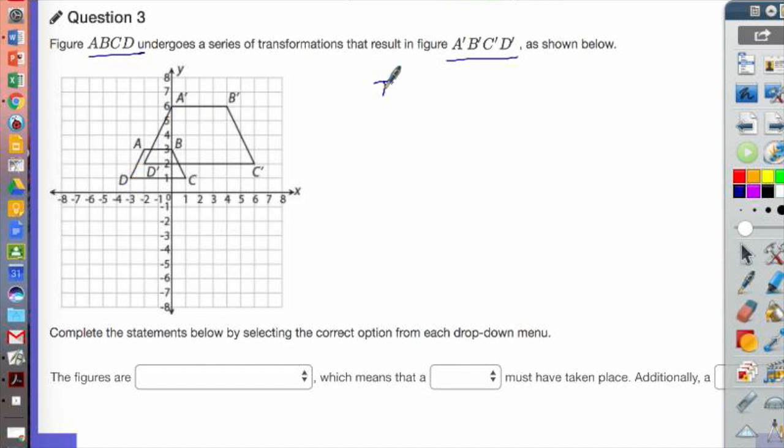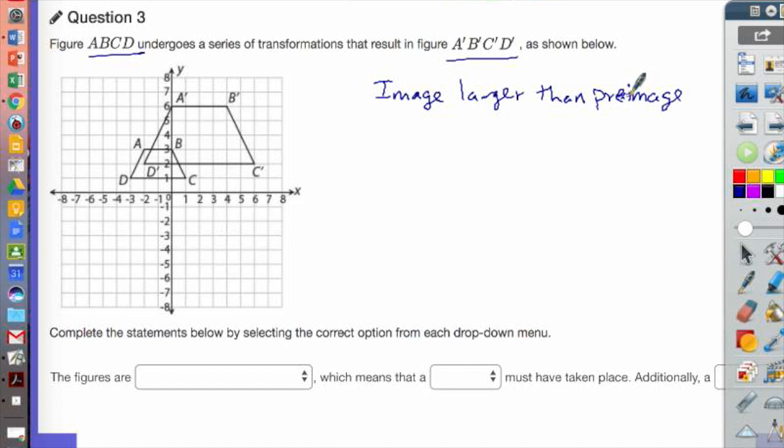So the image is larger than the pre-image. And it asks us to complete the statements below by selecting the correct option from each drop-down menu.